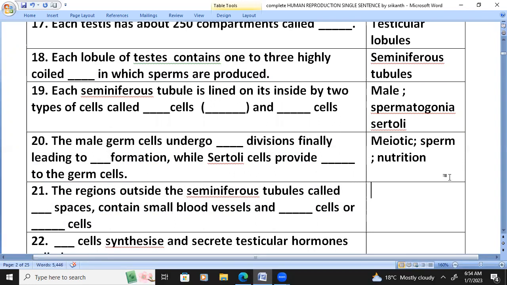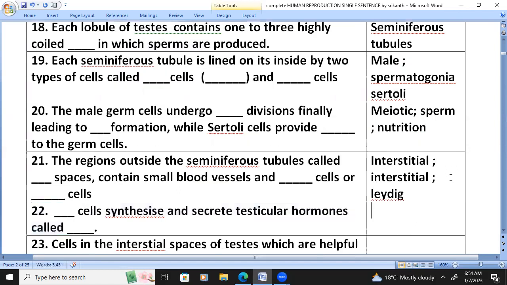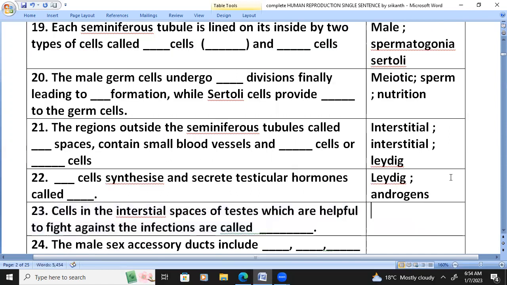The regions outside the seminiferous tubules called interstitial spaces contain small blood vessels and interstitial cells, the Leydig cells. Leydig cells synthesize and secrete testicular hormones called androgens.